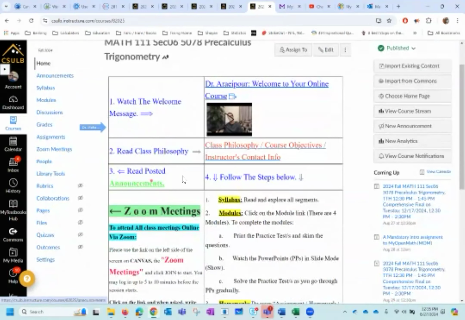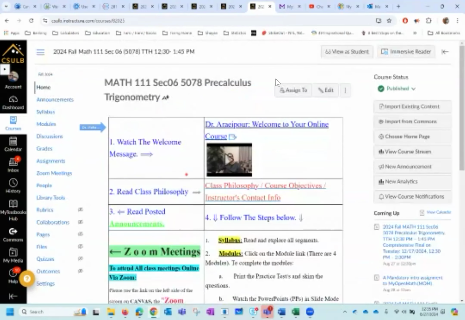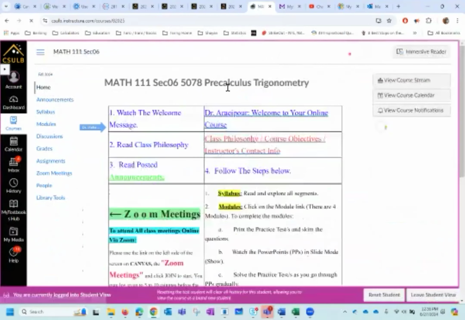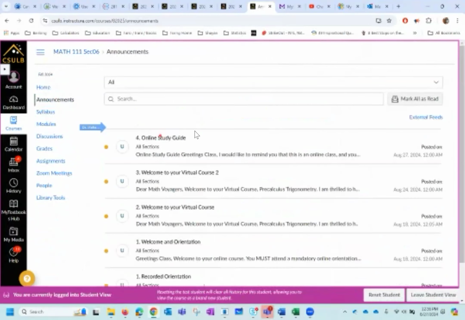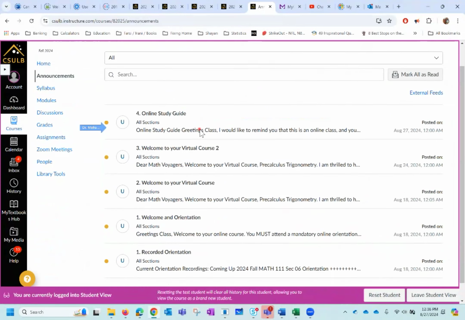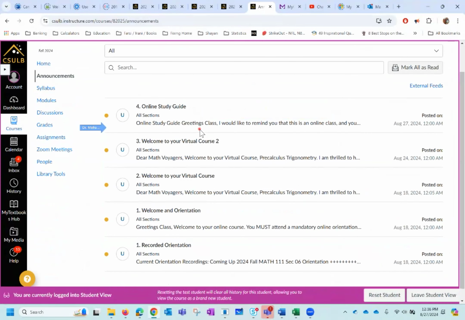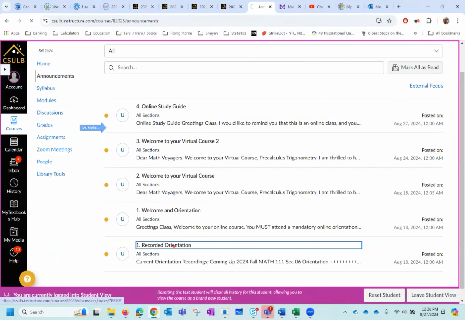The third one is the announcements, and I'm going to put this in student mode. The announcements are set such that they will be sent to students as an email also. If for any reason you miss any of those, you can go back to your Canvas and the announcements and you find them. There was a recorded orientation.